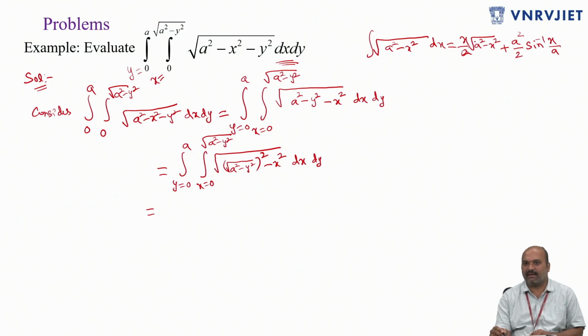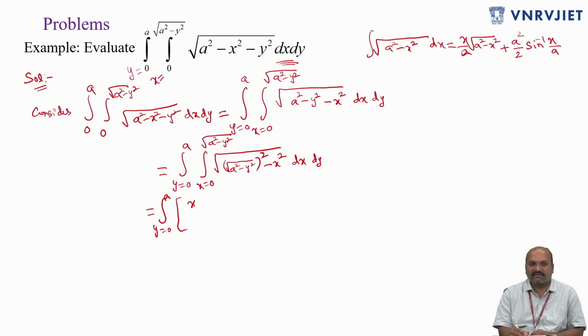This is the formula. Let's apply this formula here. Now, we are integrating with respect to x. Here, if you compare these two, x is equals to x only, but a equals root over a square minus y square. That means x by a. What is x by a?